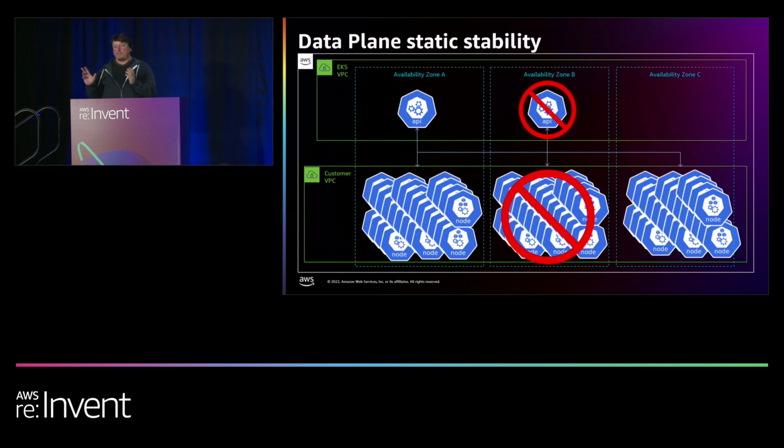Now, going back to what we talked about earlier, if what we want to do at this point is provision another cluster and start to move capacity over to it, or try and provision additional capacity in this cluster, we're really not statically stable. Now we're putting pressure on the control plane and the AWS cloud services behind the scenes to bring up additional resources to migrate these to a new cluster. At this point, it's very much a business application decision.